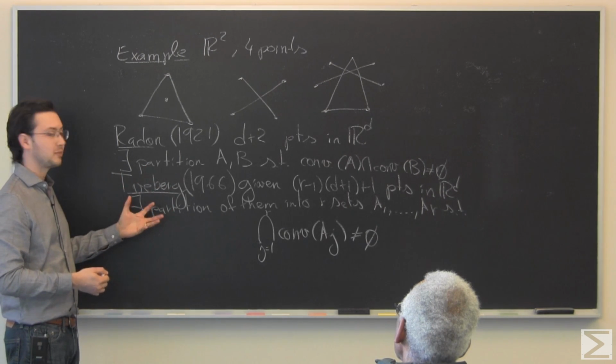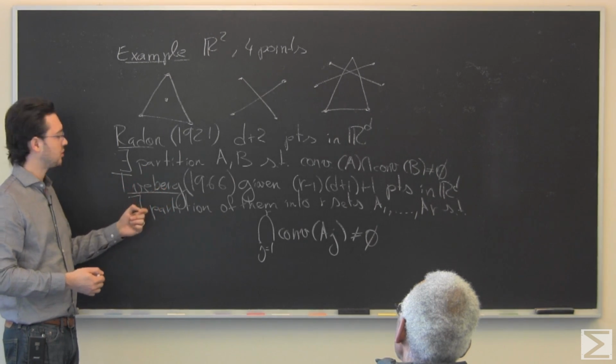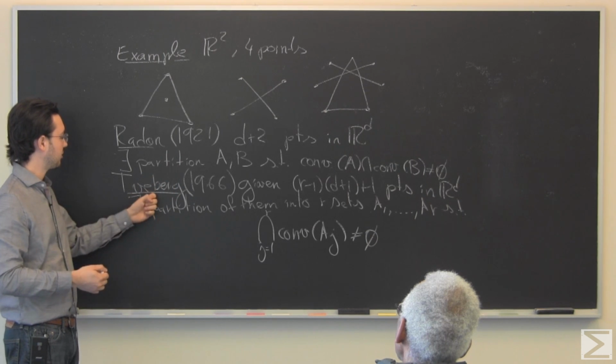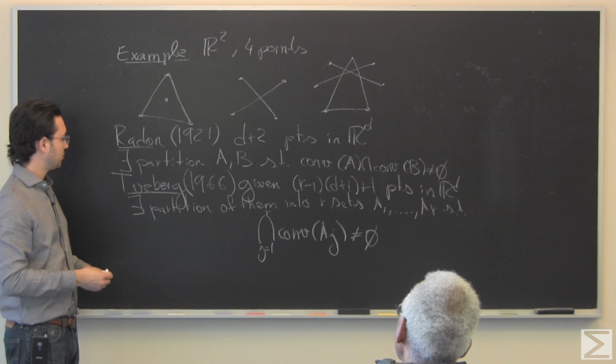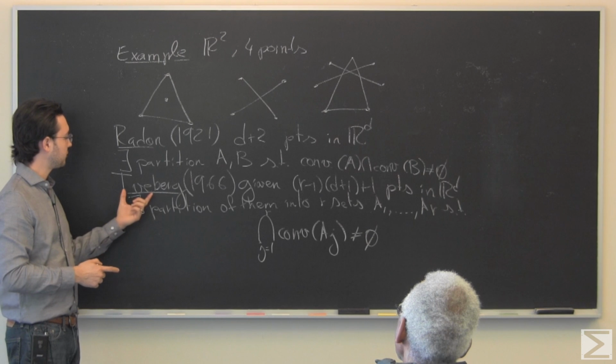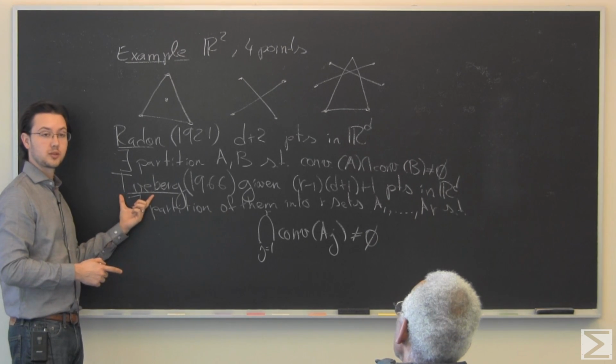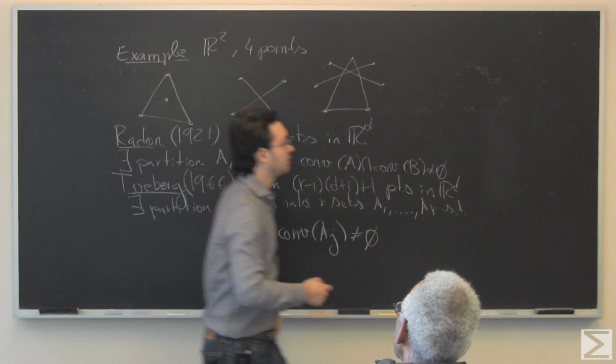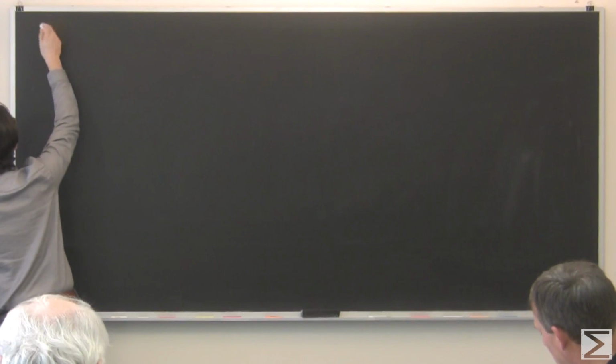So I want to talk about a generalization, or an extension, of this theorem. And I have two motivations. So the first one is an application of Tverberg's theorem, and this is what we call the existence of weak epsilon-nets for convex sets.